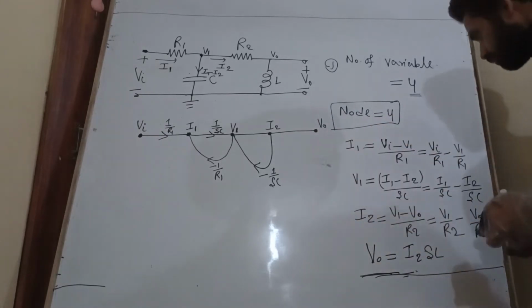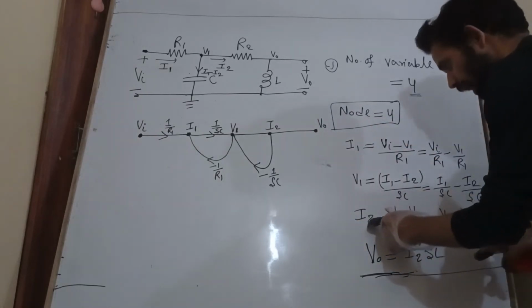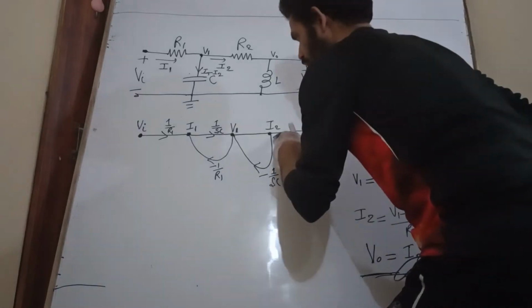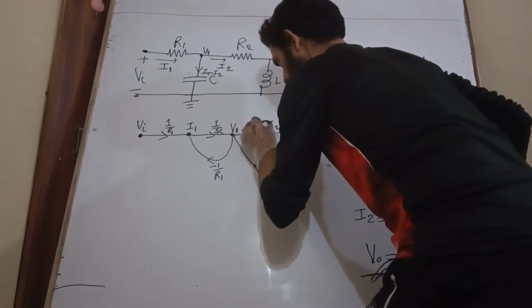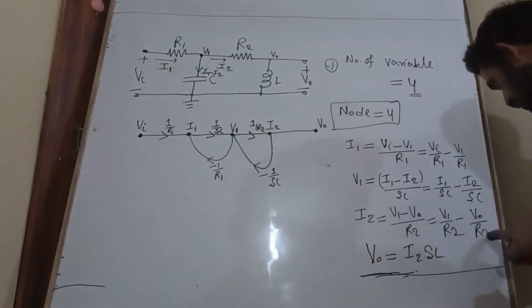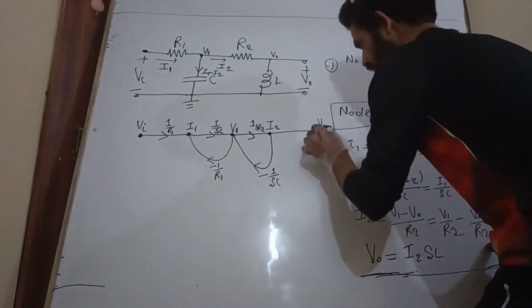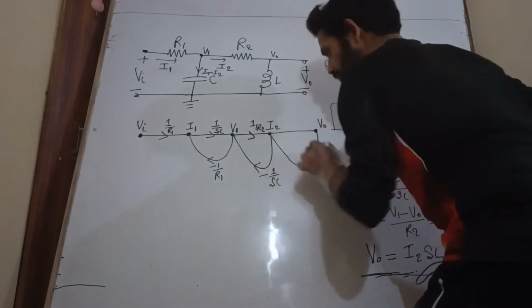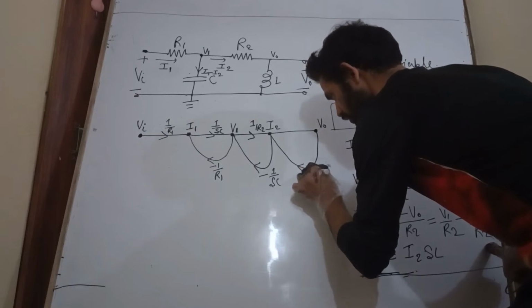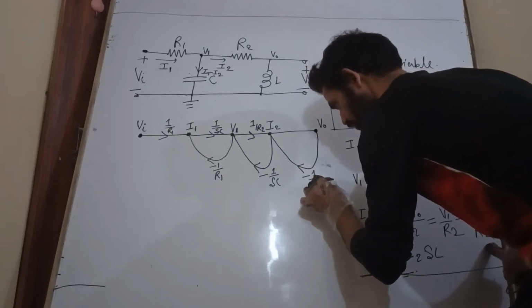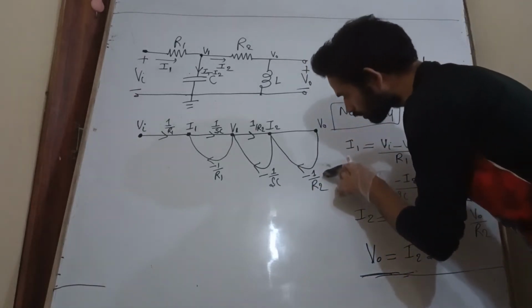And then after that I2. I2 is what? I2 is V1 by R2, so 1 by R2. Then minus V0 by R2, in feedback. Minus V0 by R2.